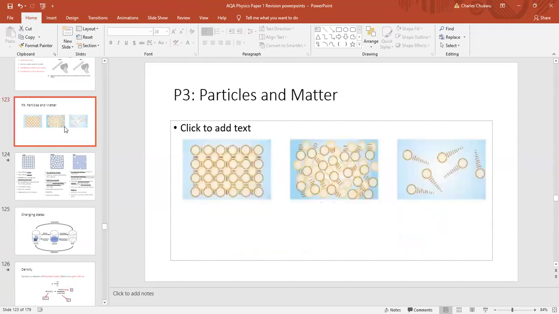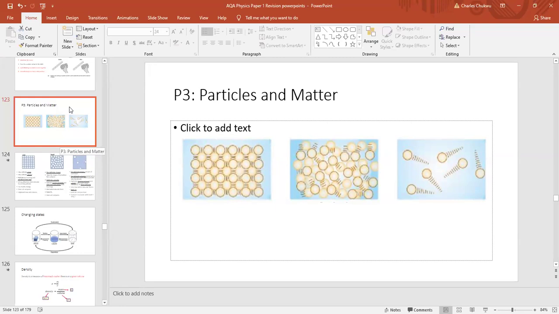Okay, particles and matter. Oh, this is paper 3, right? Then that means it's topic 3 of physics. Oh, okay. All right, I just wanted to be sure. So everything here is paper 1, but this is the third topic. Okay.